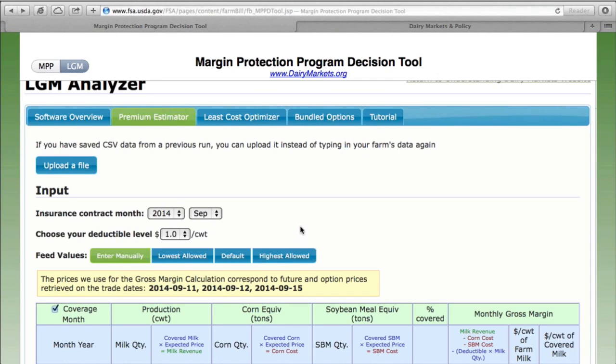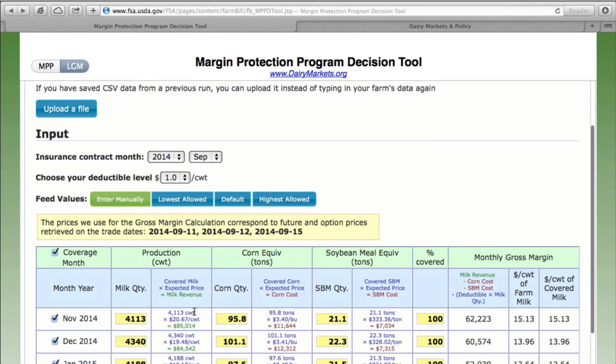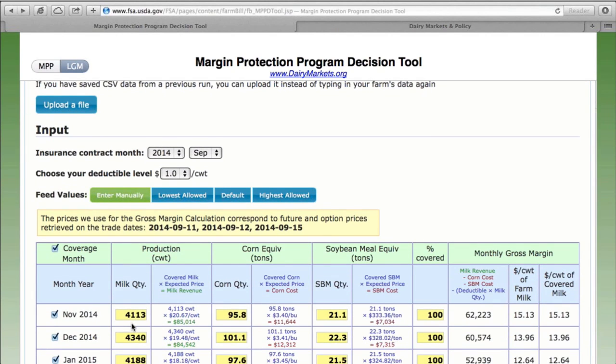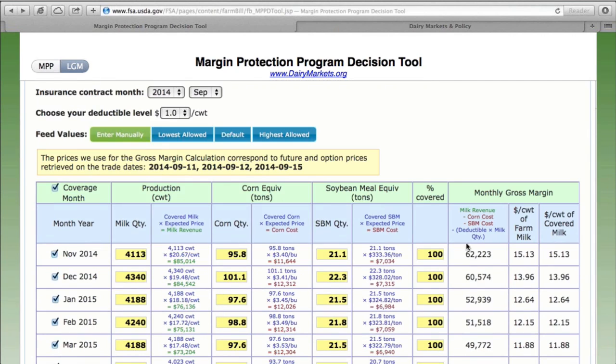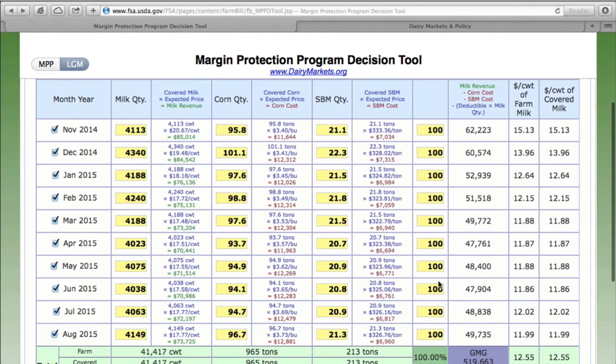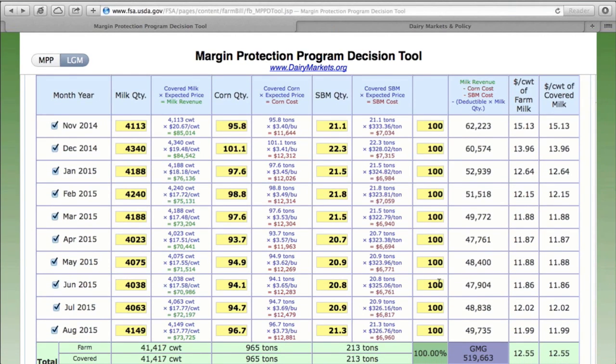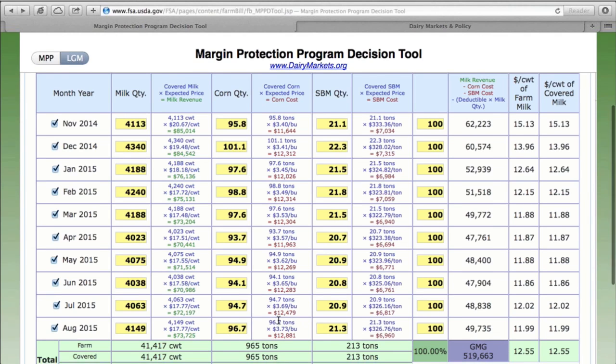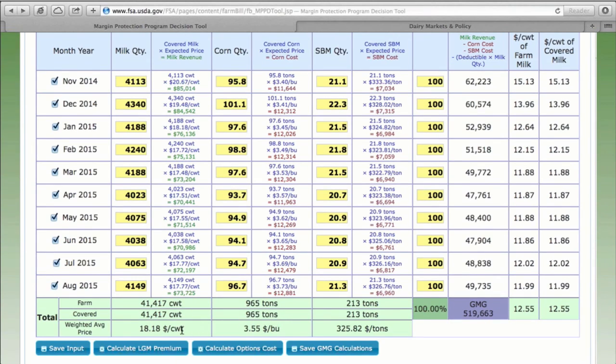You enter your LGM contract parameters: how much milk you want to cover, what months you want to cover, the feed equivalent that you'd like to declare for LGM Dairy, and then you're given your monthly gross margin. So here we see for this 10-month contract, using LGM Dairy, you're getting a gross margin guarantee of $12.55. What would that cost?